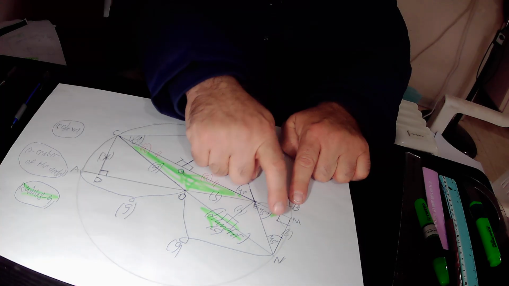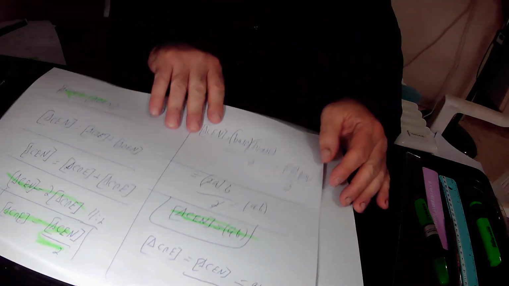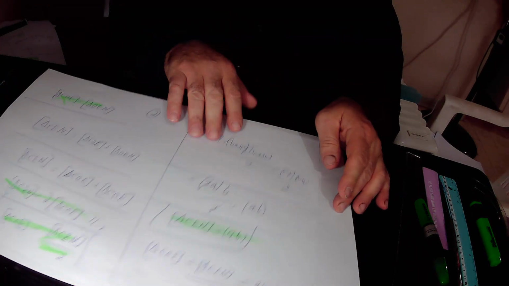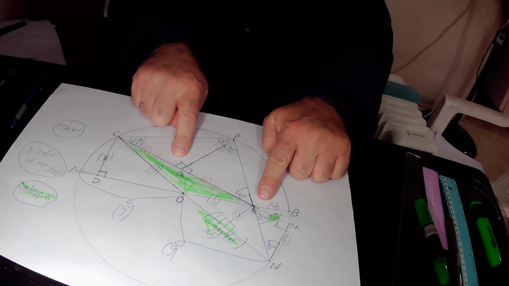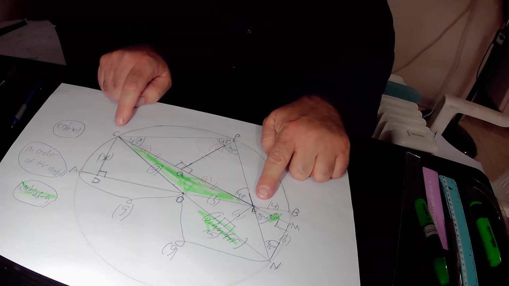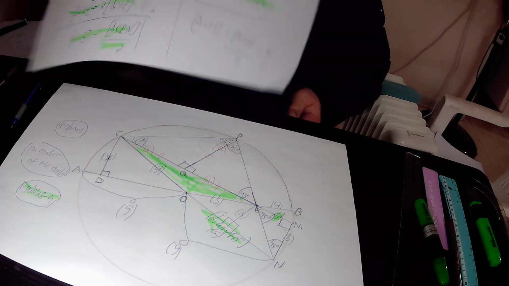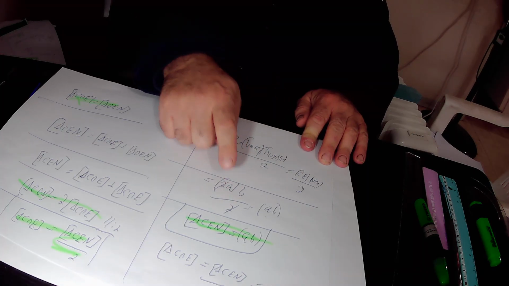So MN equals B, and CE equals CQ, that is A, plus QE, that is also A. So in total, CE equals A plus A, that is 2A. So CE equals 2A, and MN equals B.